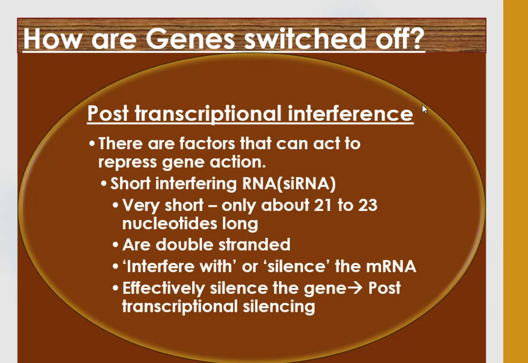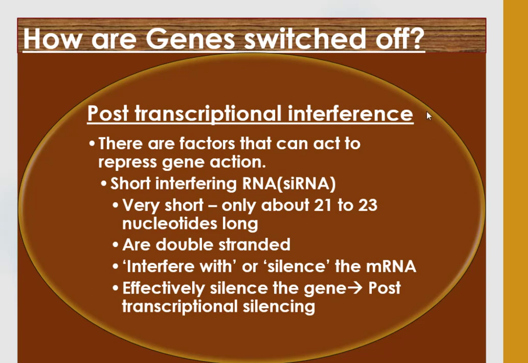These RNA molecules are unusual because they are very short, only about 21 to 23 nucleotides long, and they are double-stranded molecules. These molecules do not act on the gene itself, but they interfere with or silence mRNA once it has been transcribed from the DNA, what we call post-transcriptional interference.